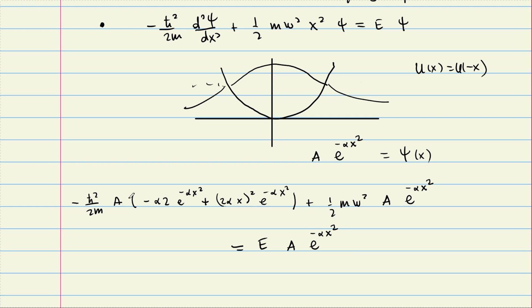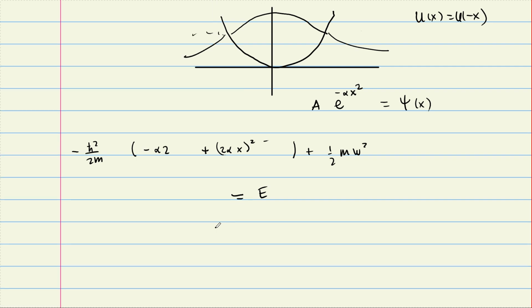Now let's cancel the factors, cancel a's, and there's no derivative anymore because I already took it, so cancel these, cancel these, and so I have, let me write it, h bar squared alpha over m plus h bar squared alpha over m, actually minus, because of that minus, h bar squared over 2m for alpha squared x squared, right?